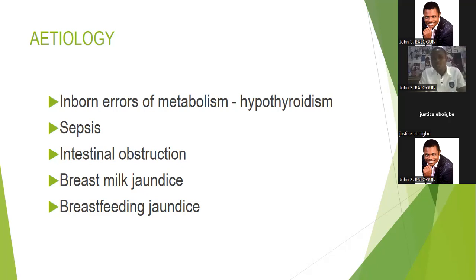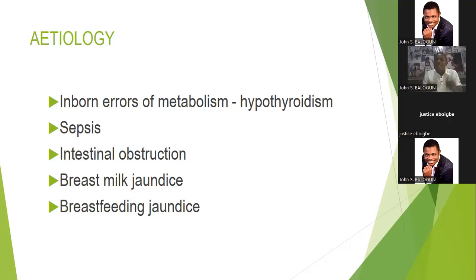Breast milk jaundice means that there are some things present in breast milk that can deconjugate the already conjugated bilirubin. For instance, the bilirubin has gone through the liver, the liver has conjugated it and excreted it into the intestine.